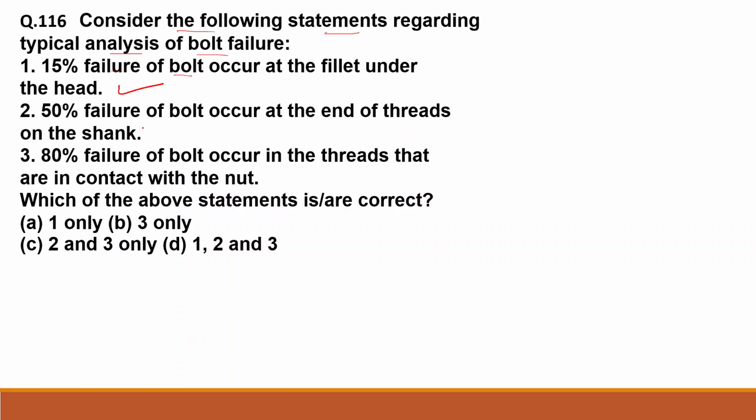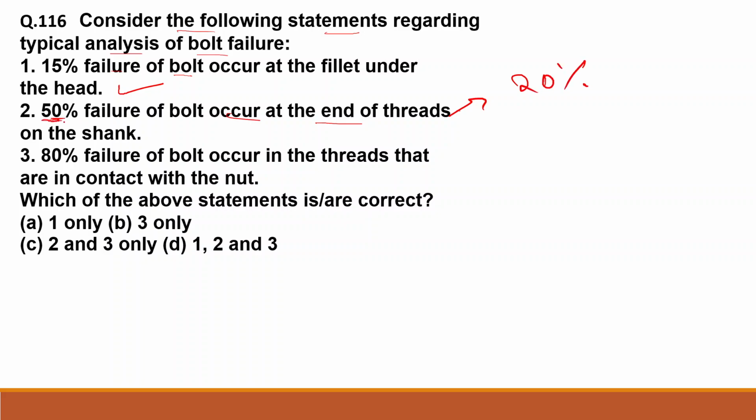Moving to the next point: 50% of failure occurs at the end of threads on the shank. Absolutely wrong, because it is not 50%; only 20% of failure of the bolt occurs at the end of threads on the shank.